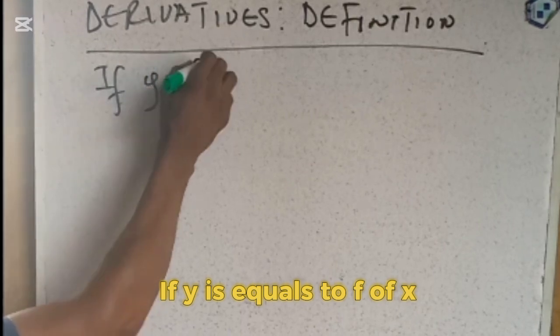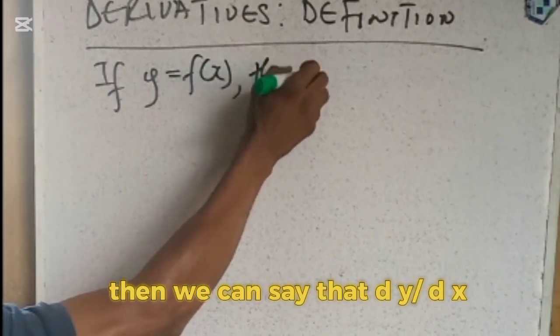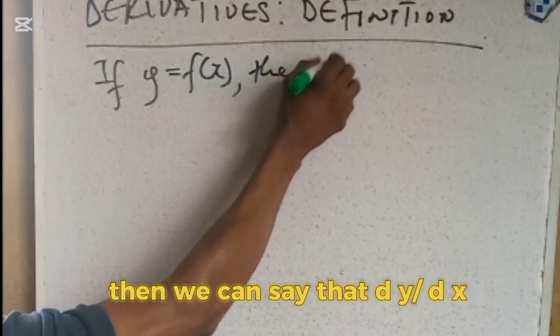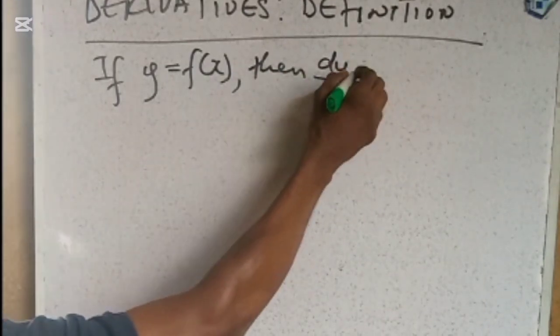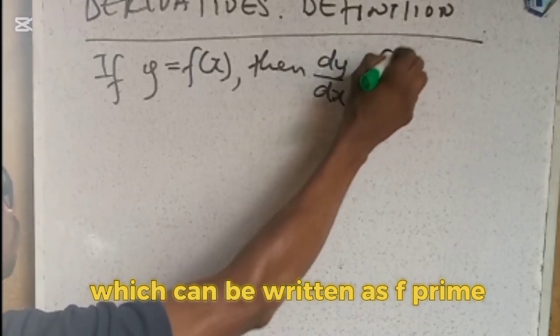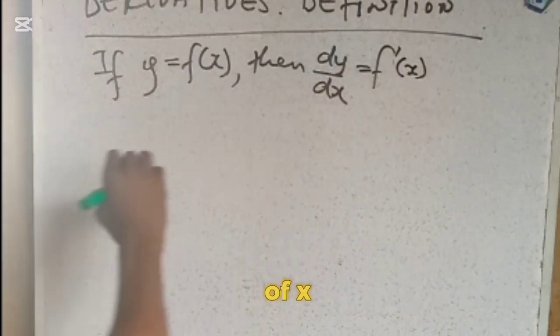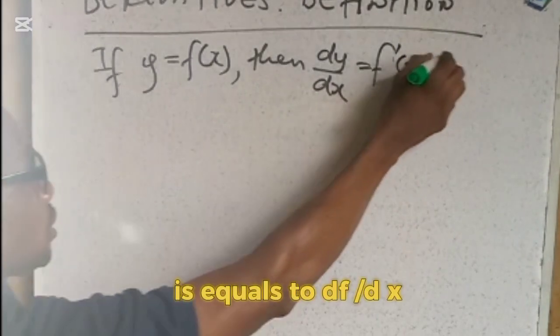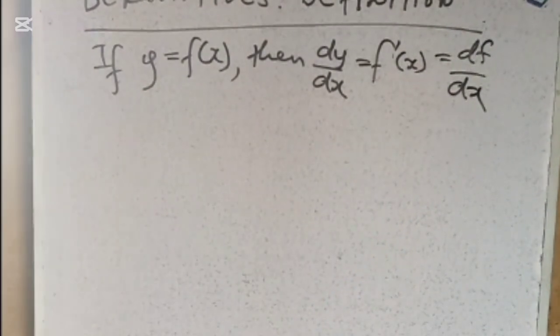If y is equal to f of x, then we can say that dy/dx, which can be written as f prime of x, is equal to df/dx.